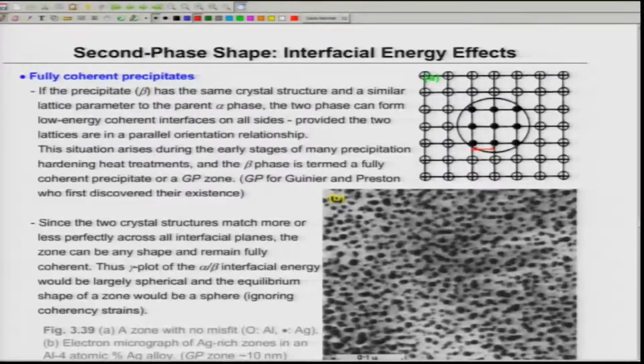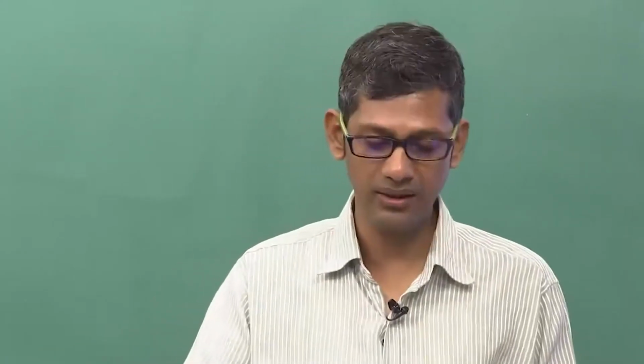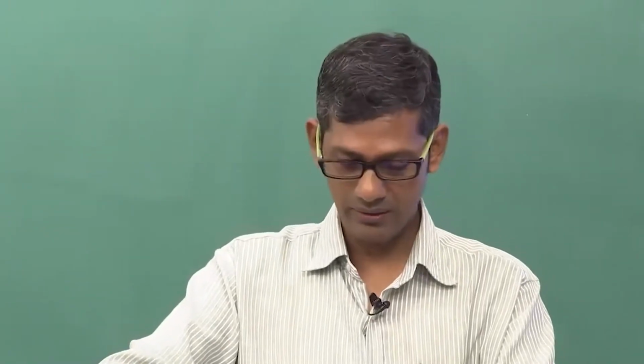And that means what? Energetically, all the surfaces of the precipitate and the matrix have a coherent interface, and they have very specific orientation relationships. Crystallographic planes have to match on each of the precipitate and the matrix. This situation actually happens in real cases such as aluminum copper alloys, or aluminum silver alloys also, when the precipitates start to form at the beginning.